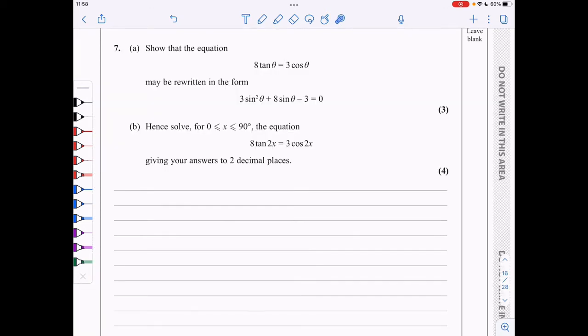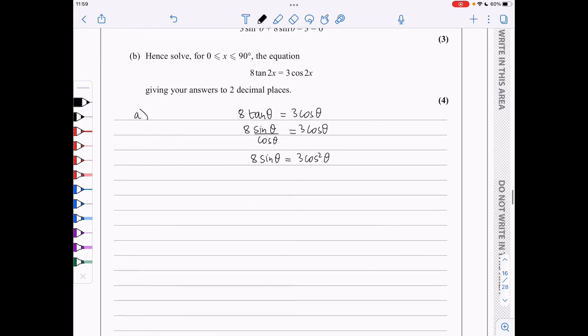In question 7, we need to show that this equation may be written in a form that involves only sines. So I will start by writing out the original equation. And then the obvious thing to do is write tan as sine over cos. And then I will cross multiply to get 8 sine theta is 3 cos squared theta.